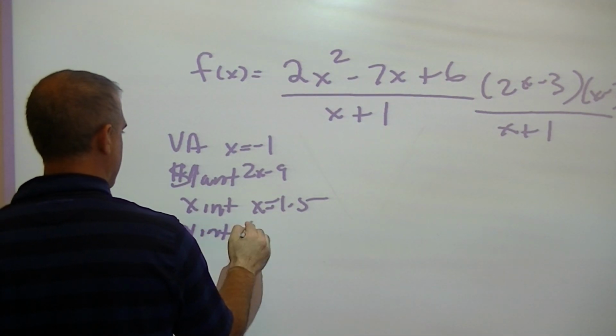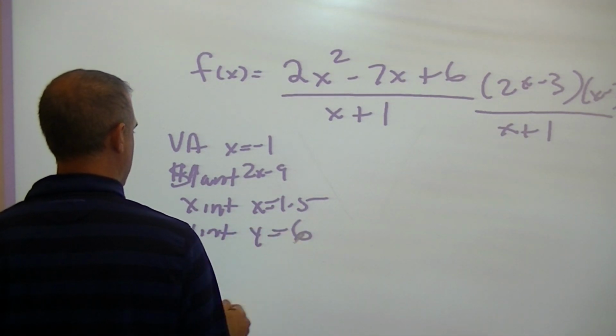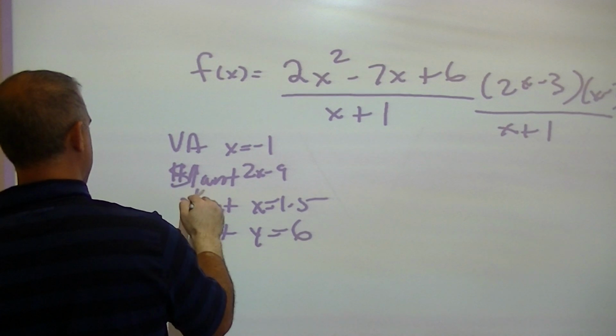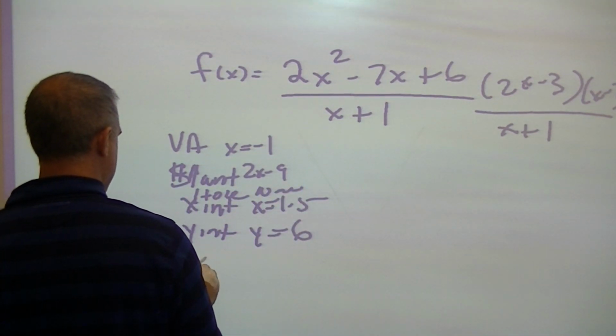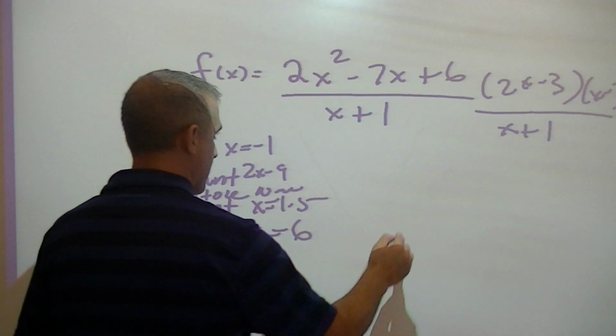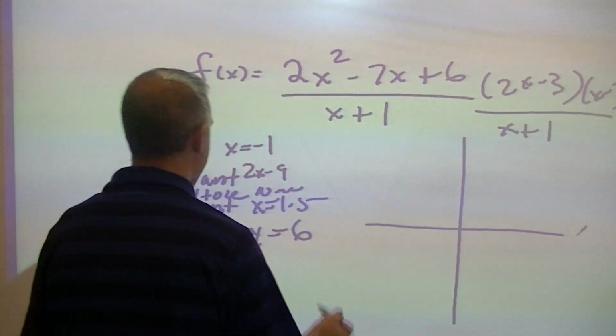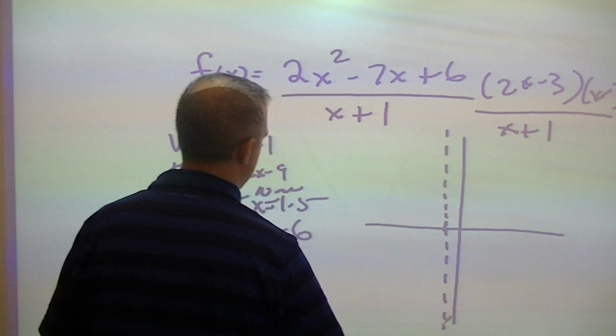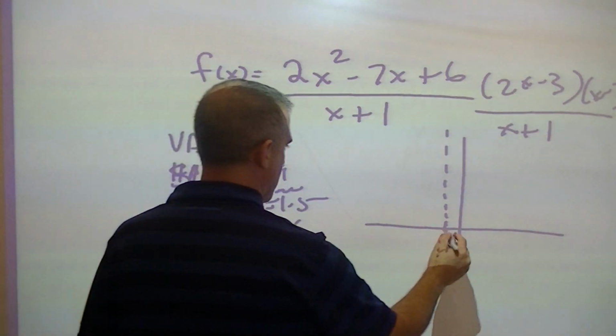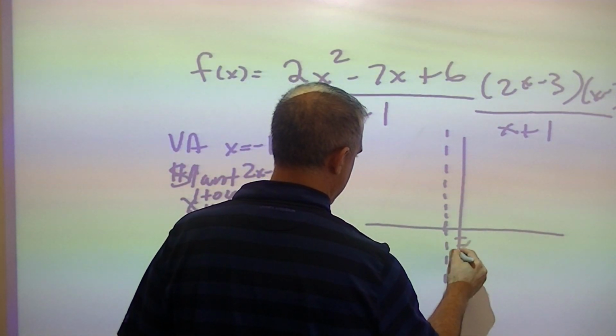Y-intercept is 6. There was no hole. Now the domain and range. Vertical asymptote at negative 1. Slant asymptote at 2x minus 9.